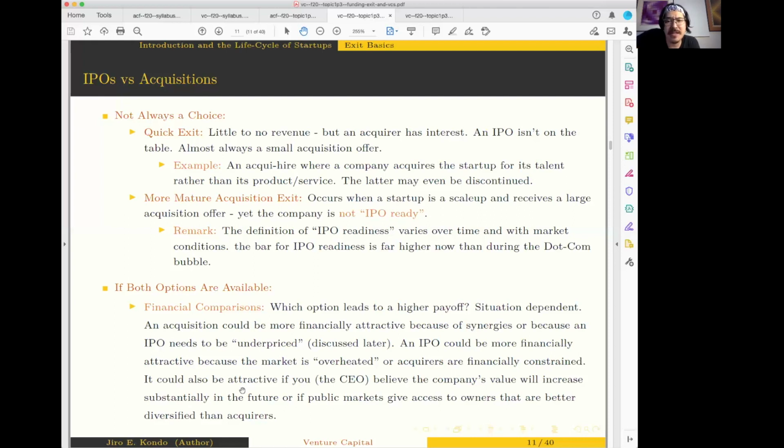Another thing, and this is going to be discussed when we talk about the going public process in more detail, but when companies go public, they go public at a discount. They are underpriced. That's an extra cost of going public. And so you should keep in mind that you're paying actually real money to the investment bankers involved in the process.